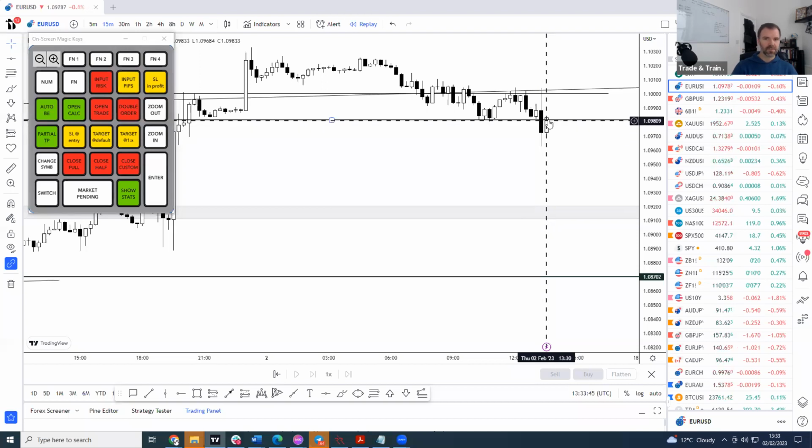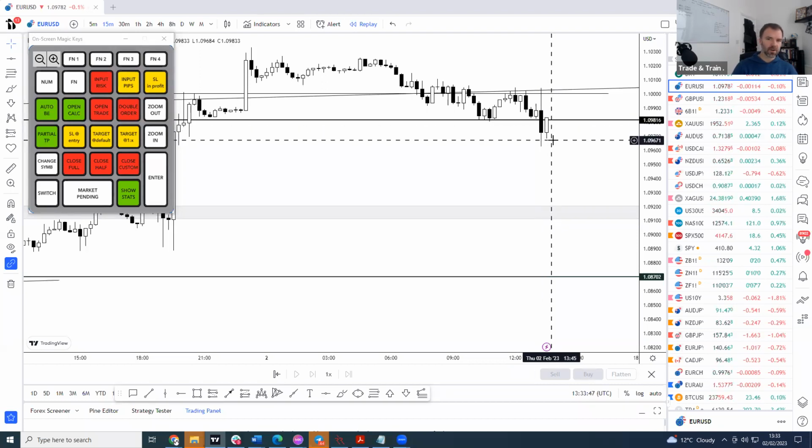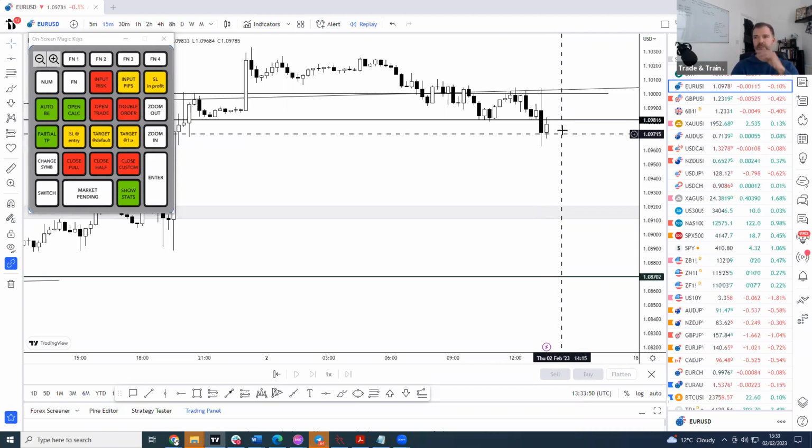So basically, if the 15-minute candle breaks its own low, I'm in with the other half of the position.